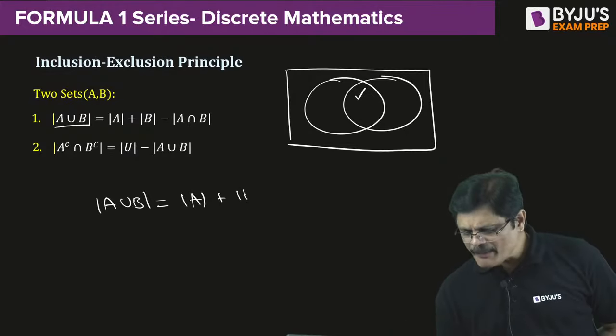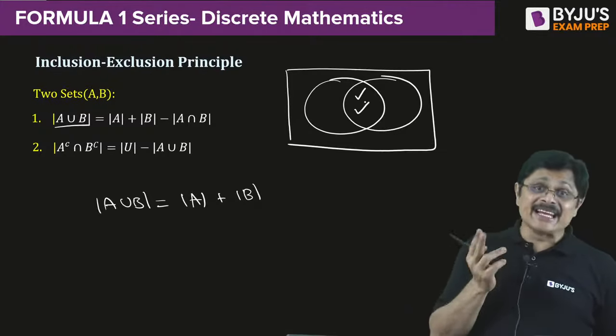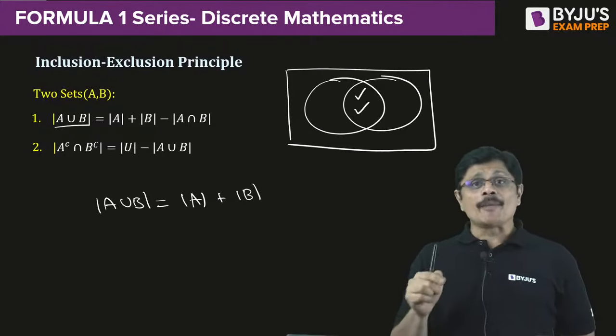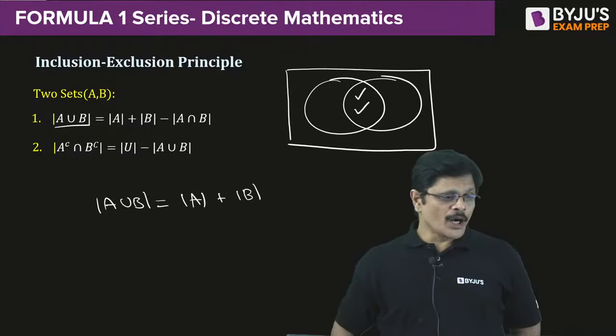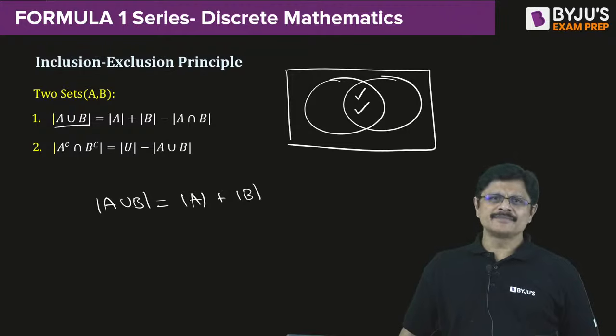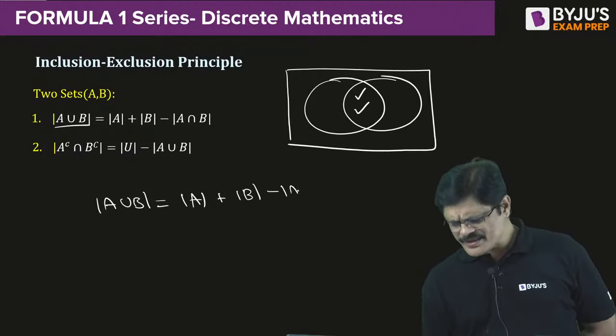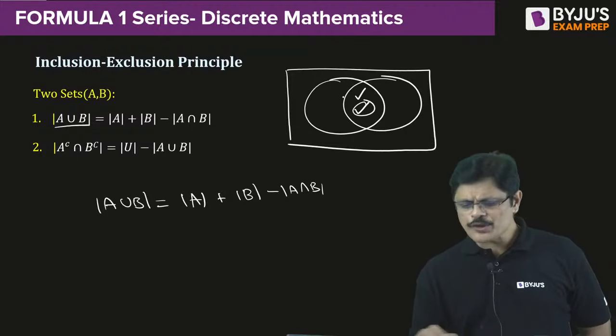Then you count the number of elements in B, which means this common portion is counted again. How many times should this common portion be counted? It should be counted once, but it is counted twice. So you have to remove the common portion once.